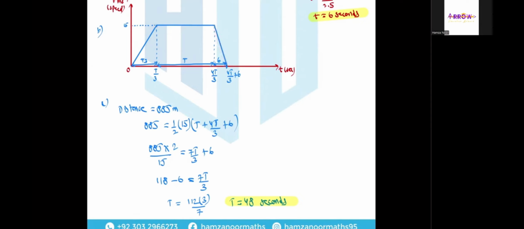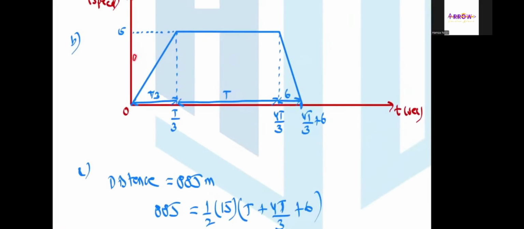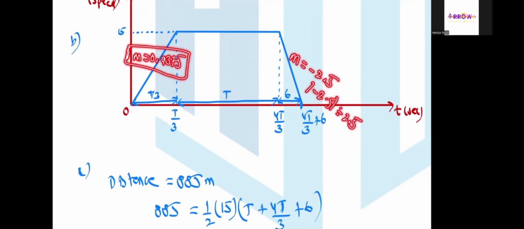So just put 15 over 16 in your calculator. Okay, you are getting 0.9375, meaning the absolute value of the gradient of this upward sloping line is 0.9375. Obviously the positive value, and here in the last stage the gradient is minus 2.5, meaning the absolute value of the gradient is 2.5, which is higher.